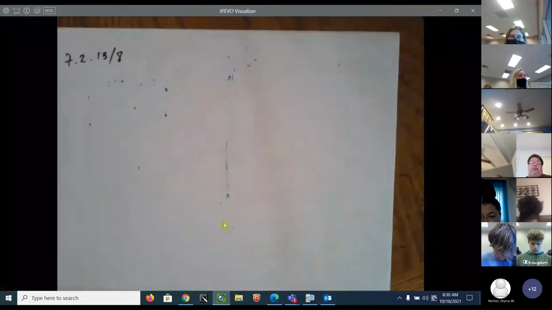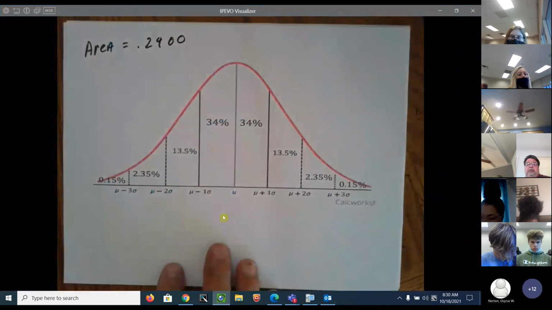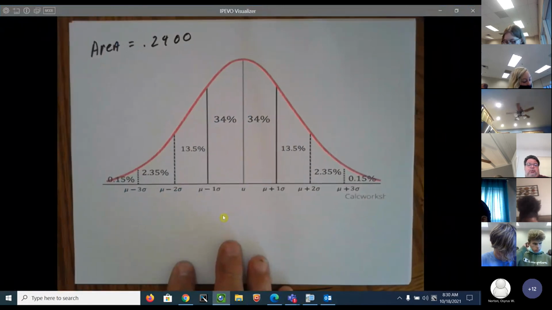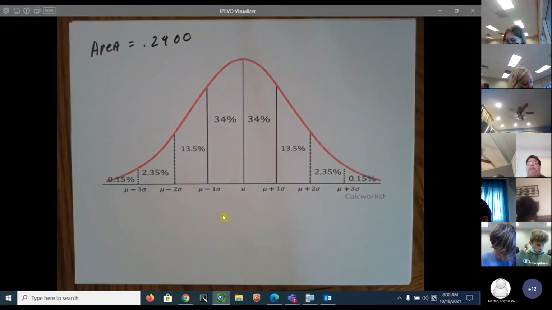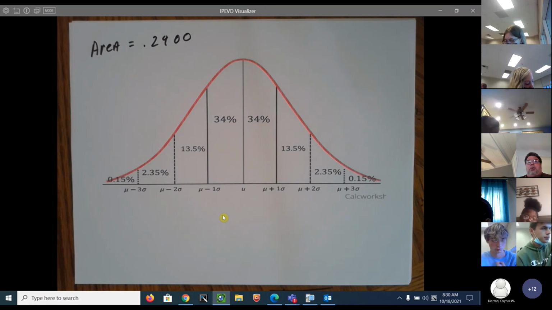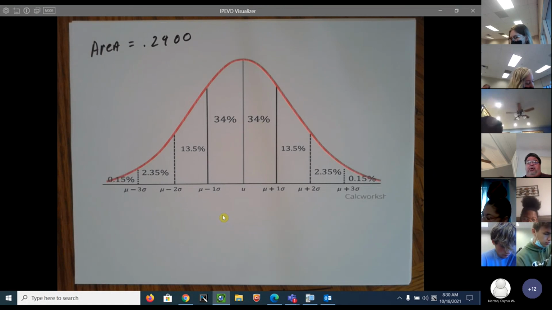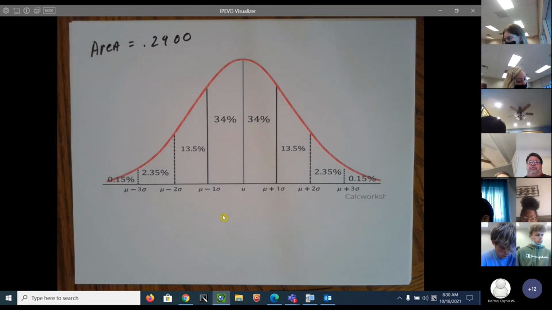So do the empirical rule first as an estimate, and then do it in the calculator. And that means the back row on all the 4 heads and all the ceiling fans, please do it.